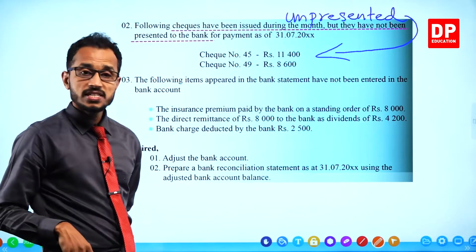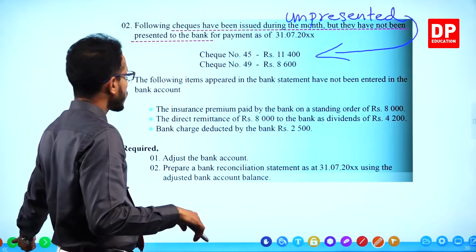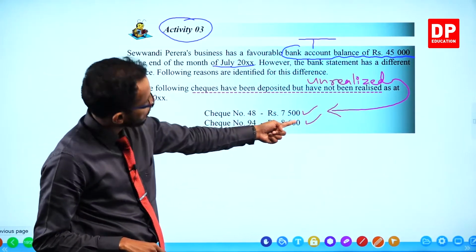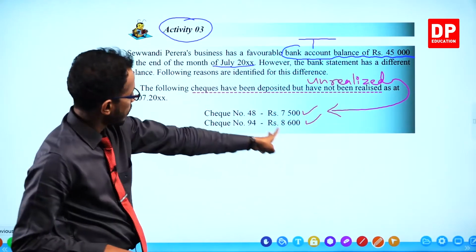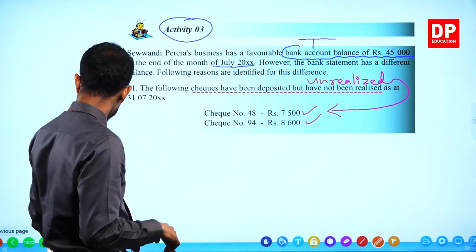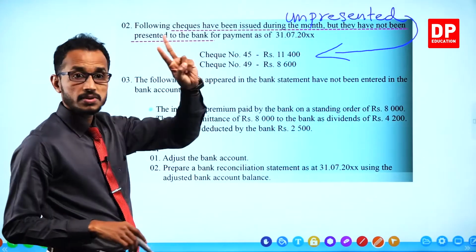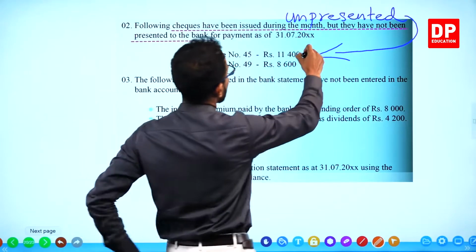We have two unpresented checks, children. Two unrealized here, and on the other page, two unpresented here. 1, 2.